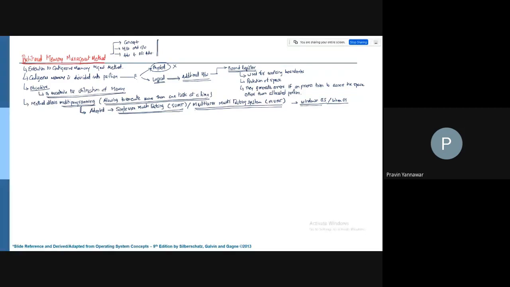This example is only to understand single user multitasking or multi-user multitasking systems. So both these operating systems support single user multitasking as well as multi-user multitasking. So this is important, don't forget this.